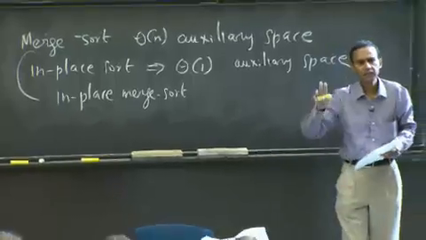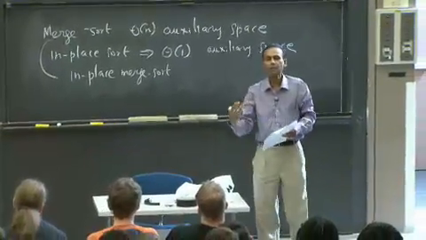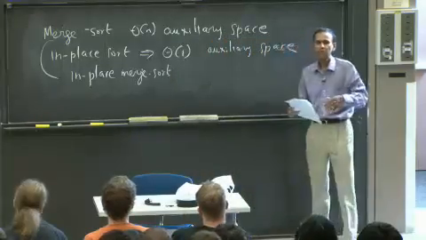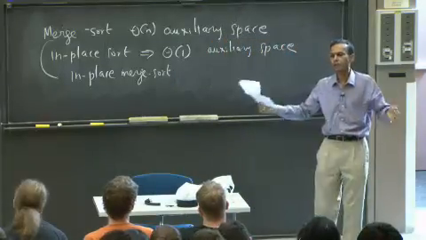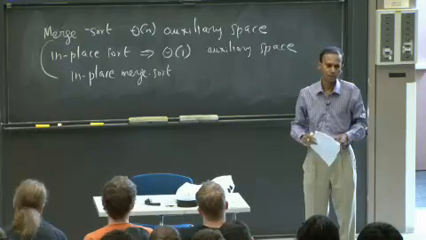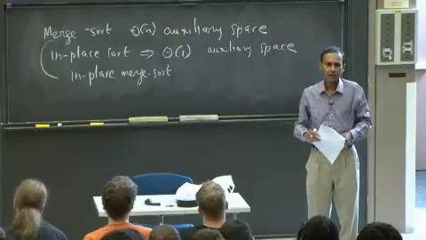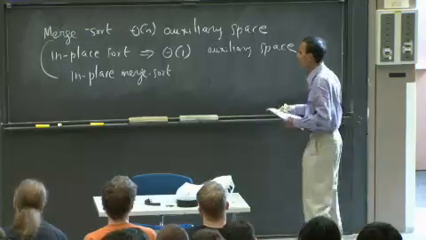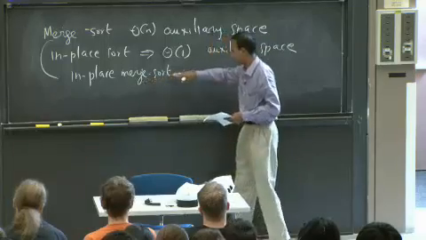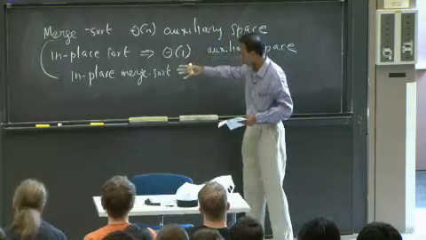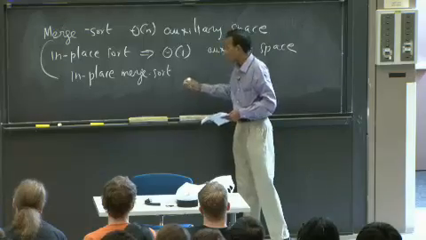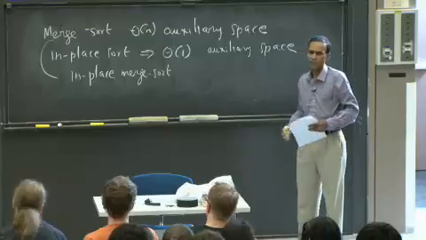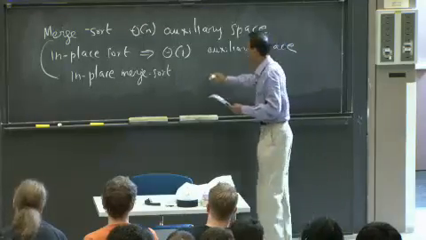So while it's in place and it's still theta n log n, the problem is that the running time of an in-place merge sort is much worse than the regular merge sort that uses theta n auxiliary space. So people don't really use in-place merge sort. It's a great paper. It's a great thing to read. Its analysis is a bit sophisticated for 006, so we won't go there. But it does exist. So I just want to let you know that you can do things in place.